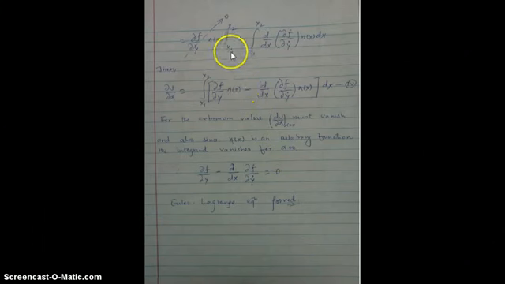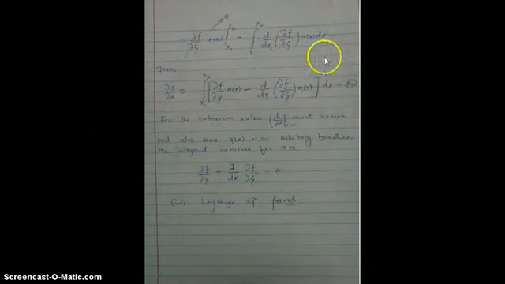Now since at the endpoints x1 and x2 eta of x would be 0, this term automatically goes to 0 and only this term remains. So now what I can do is substitute this with this. That's what I have done over here. So the partial derivative of J with respect to alpha would become this expression over here.